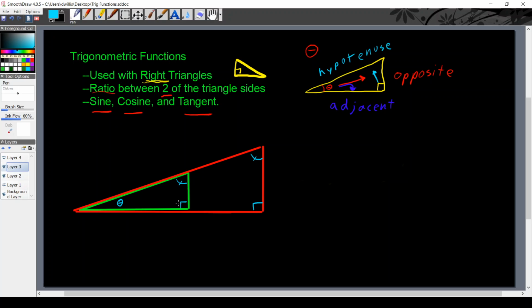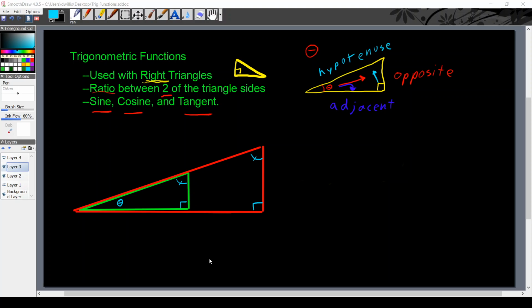Now, since all three angles are the same, these triangles are similar, and what that means is that the sides are proportional. If I took this green triangle and stretched it, it would grow until it matched this red one exactly. That's because these are similar triangles and are proportional to each other.